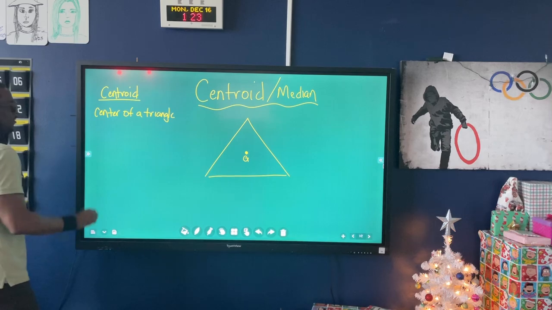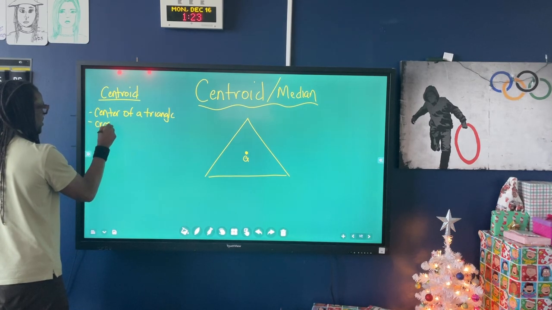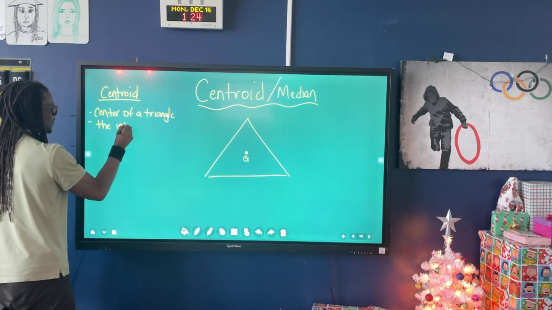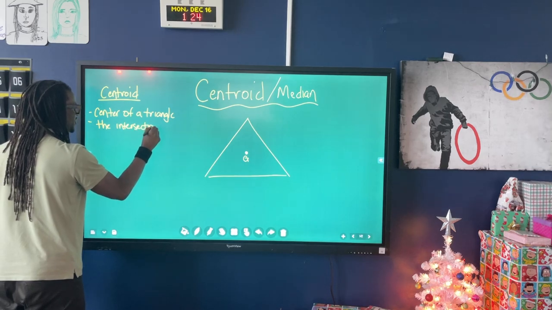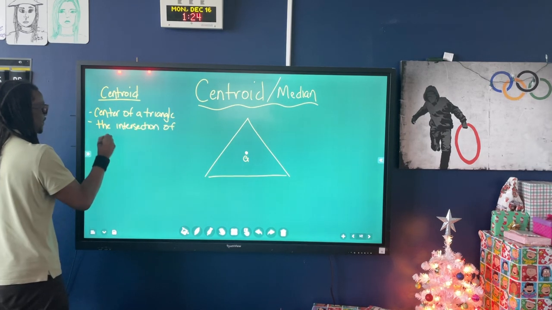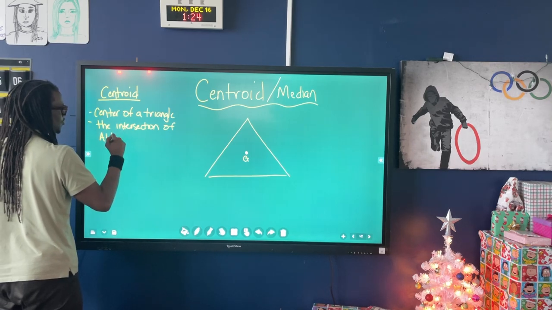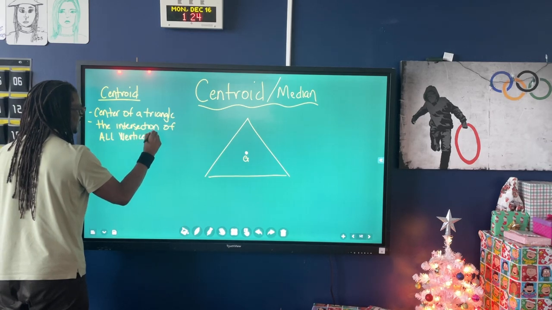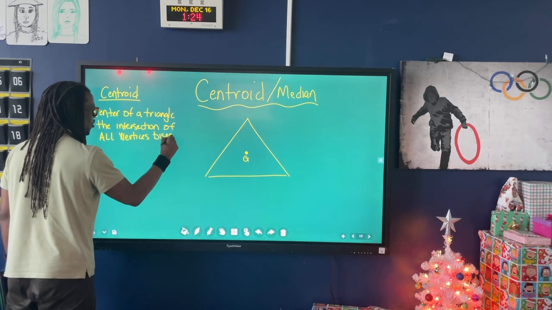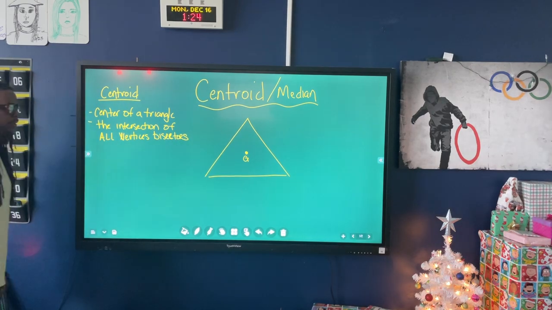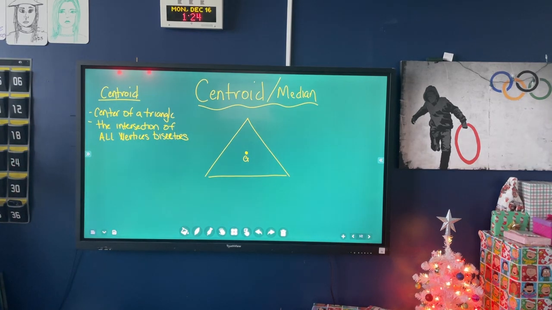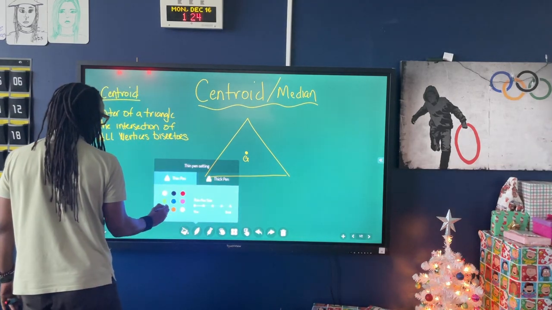And it's also the intersection of all the vertices' bisectors, or in other words, angle bisectors. You're going to look at all your vertices, take the angle bisector of them, and where all of them cross, that's our centroid. So let's say I got this triangle here.